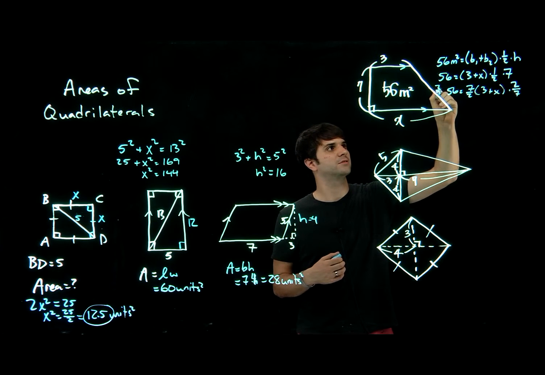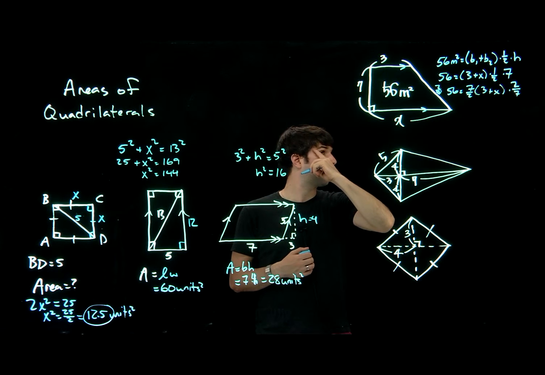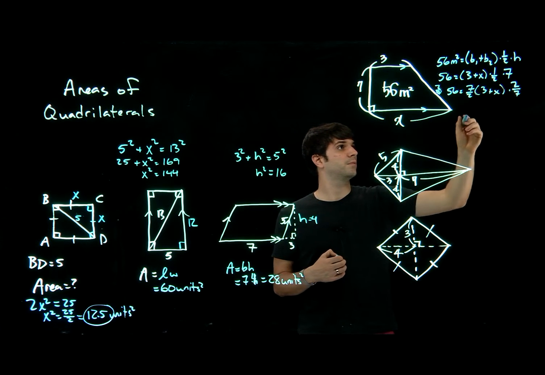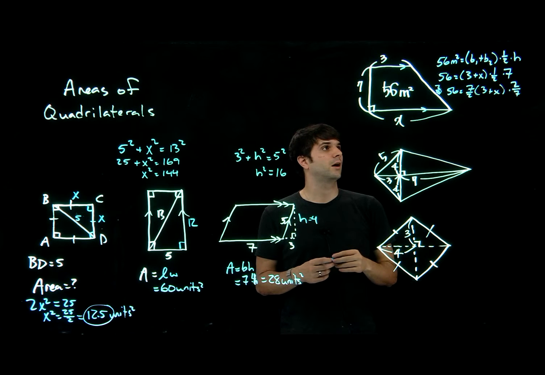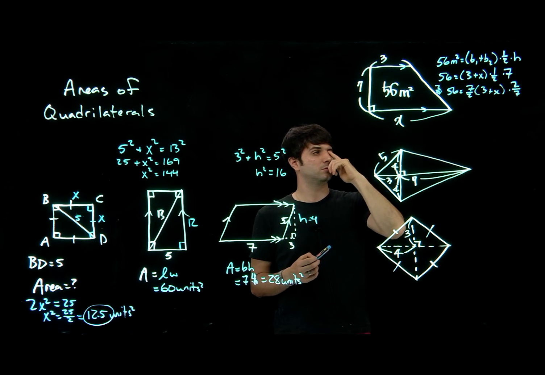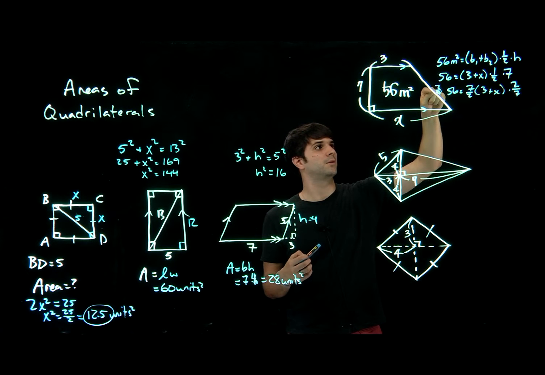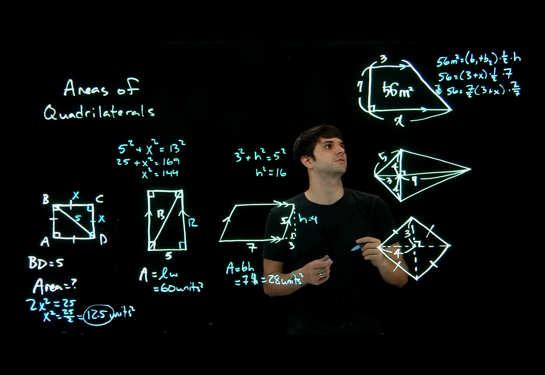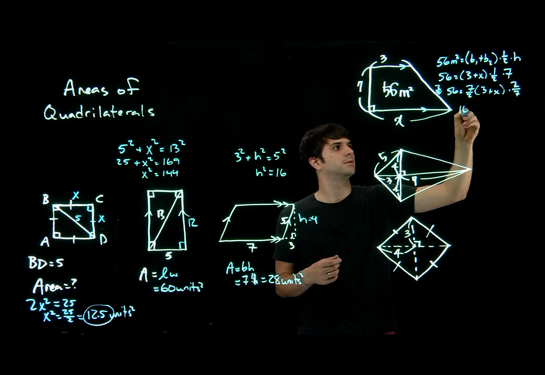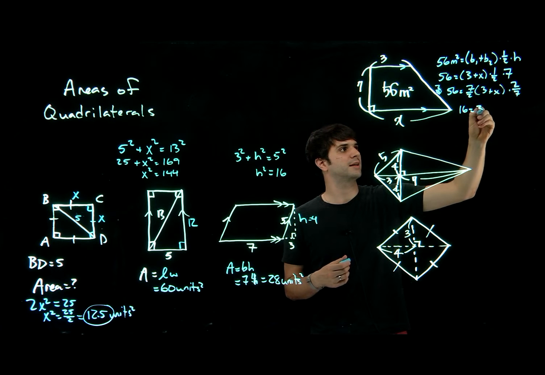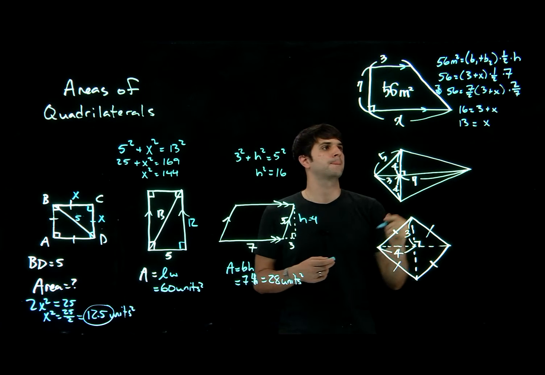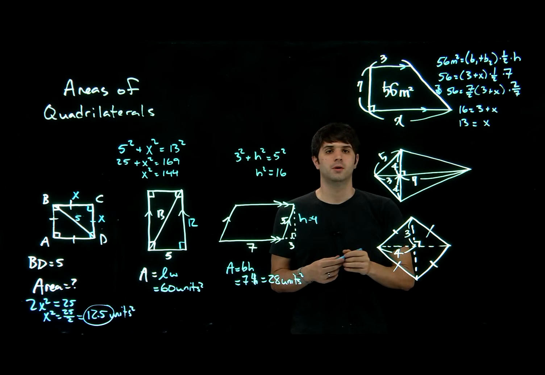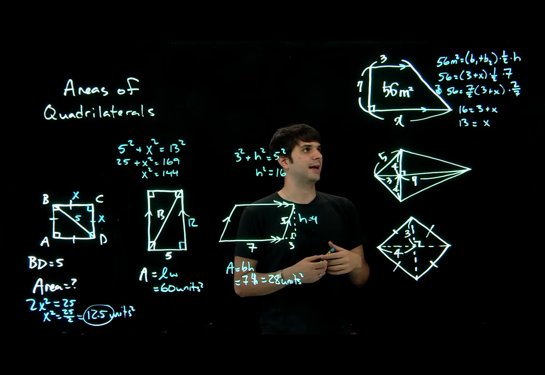So over here, 56 times 2 sevenths, we can reduce that to 1 and 8, so it's 16. 16 equals 3 plus x, so x equals 13. All right, so that's how we get that.